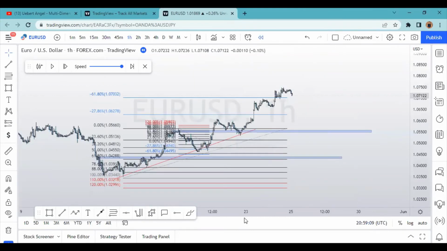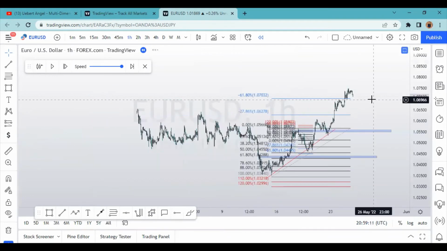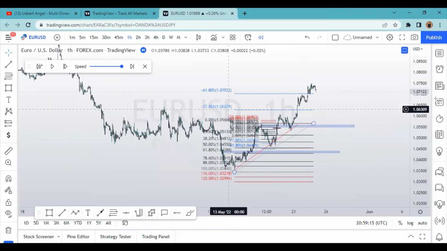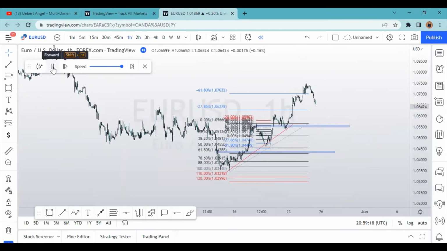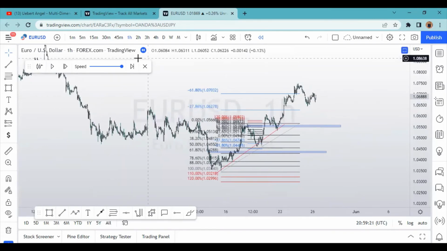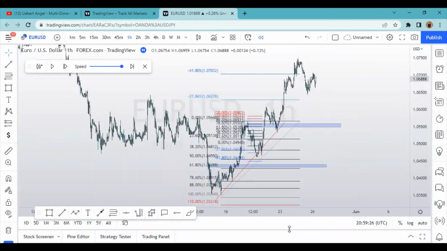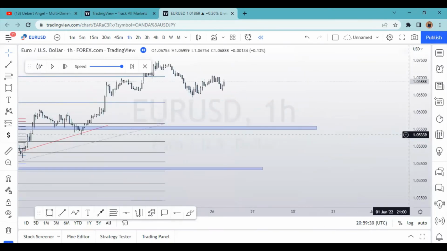at least for that time being. I'm also seeing a break of that minor structure here. So we look for, this is an uptrend, right?